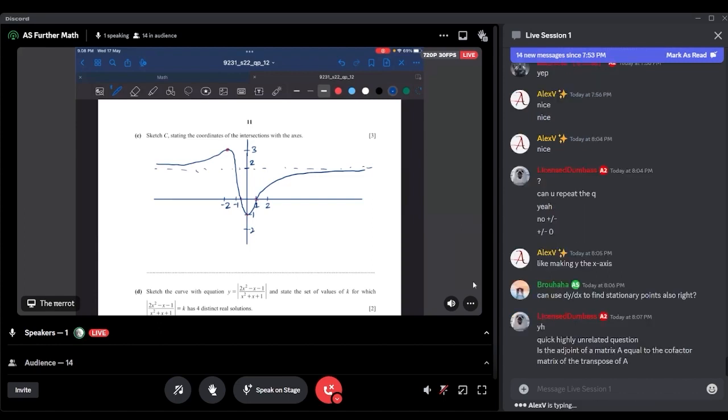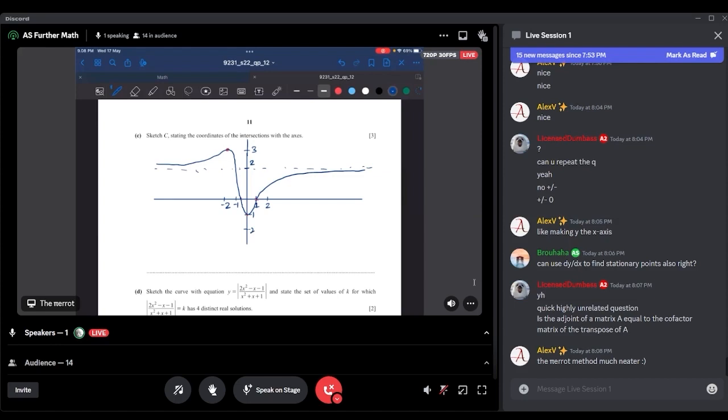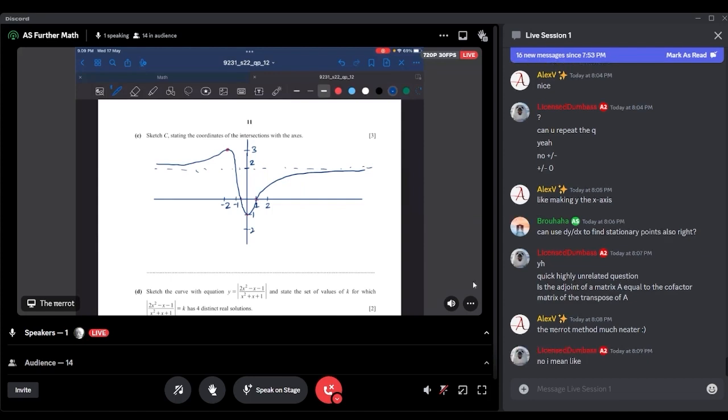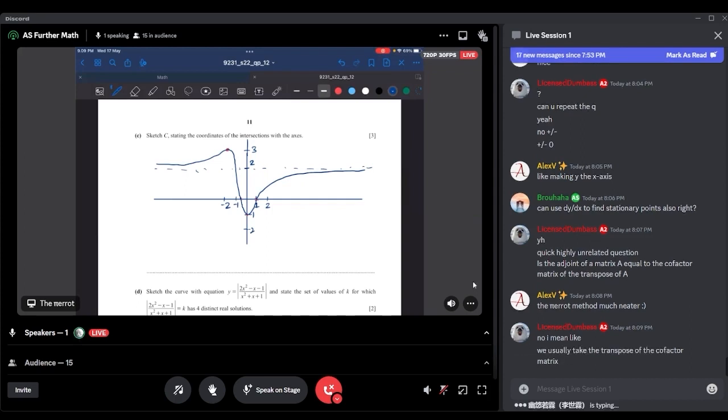Is the adjoint of matrix A equal to the cofactor matrix of the transpose of A? Yes, you take the cofactor matrix and you transpose it. That's correct. Sometimes it's called the adjugate matrix. We usually take the transpose of the cofactor matrix.